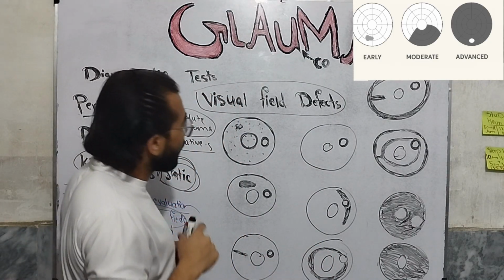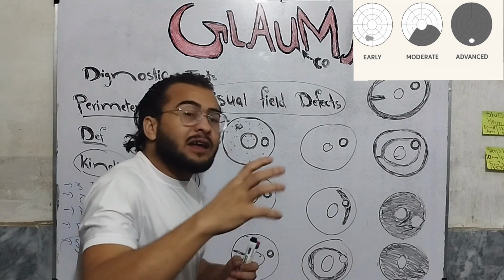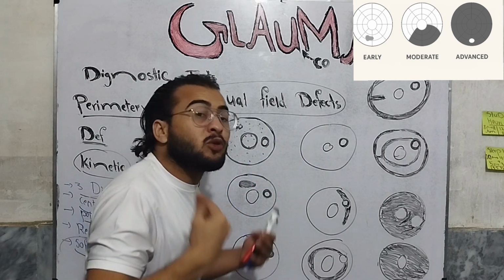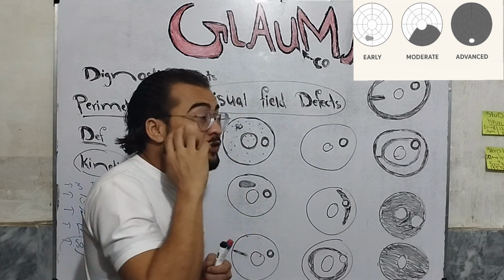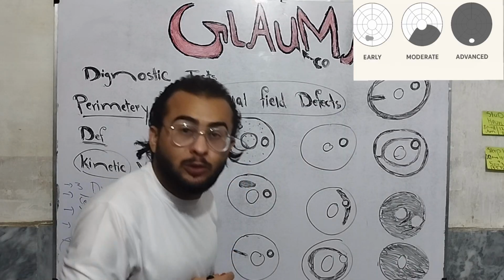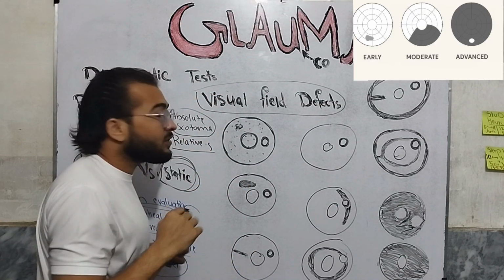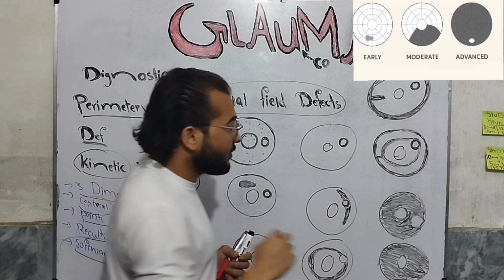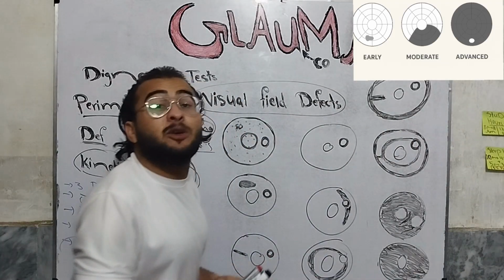Early in glaucoma, there are several types of visual field defects which can be found. The first one is the generalized depression.